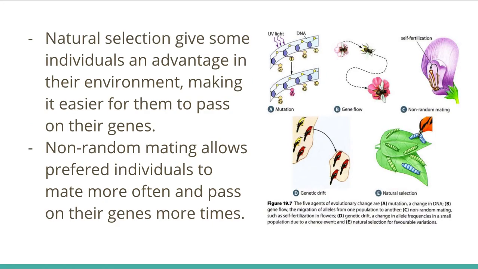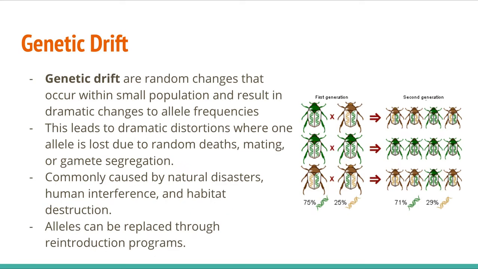Natural selection gives individuals advantages over each other, so they get to reproduce more and contribute more genes to the next generation. And non-random mating does a similar thing. It's just instead of an environmental advantage, it's just, hey, people like this one more. They're going to breed with it more. So let's take a look at each of those in greater detail.